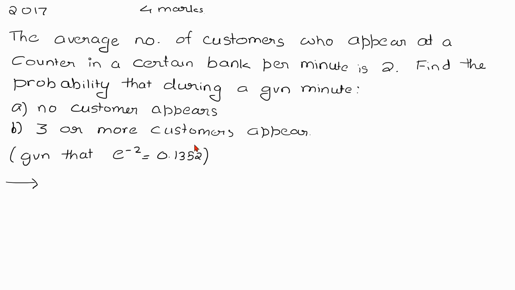Okay, now, this customer arrival and departure is mostly a Poisson distribution. Okay, also this e raised to minus 2 value has been given in the question. You can even think of it in this way. Now, in my 3 probability distributions, nowhere does this exponential term appear, and the exponential value has been given.